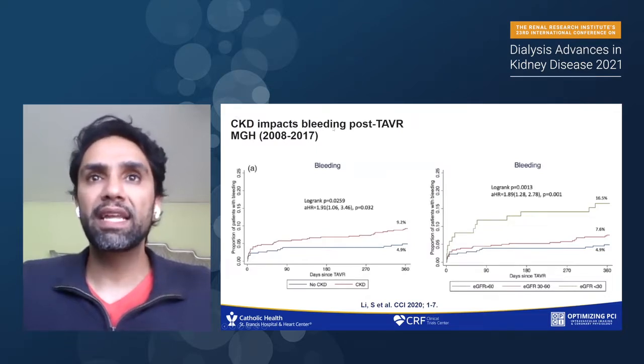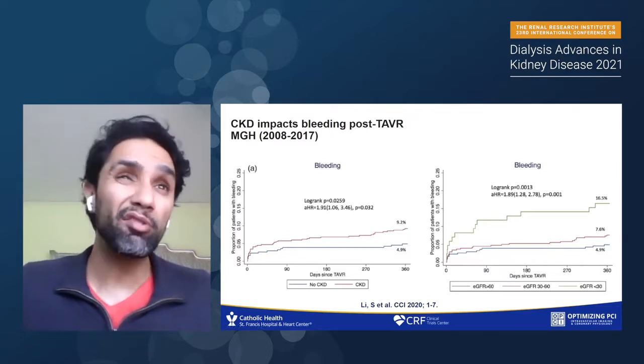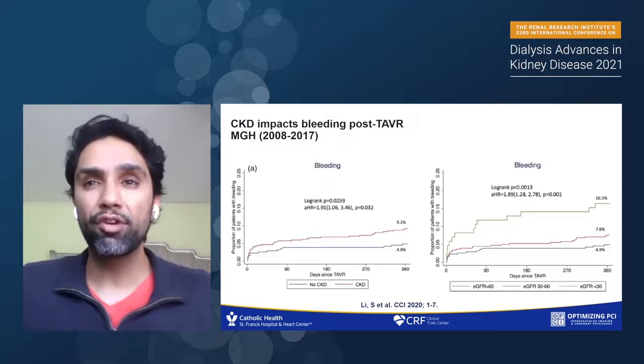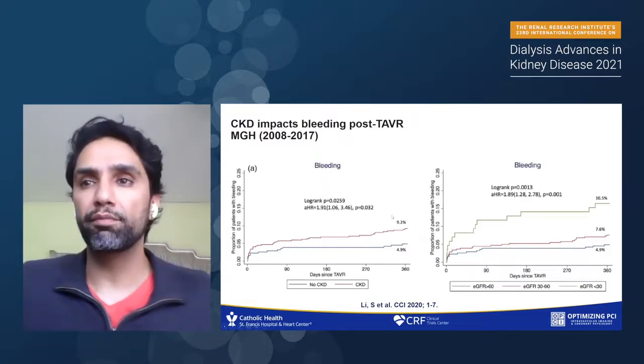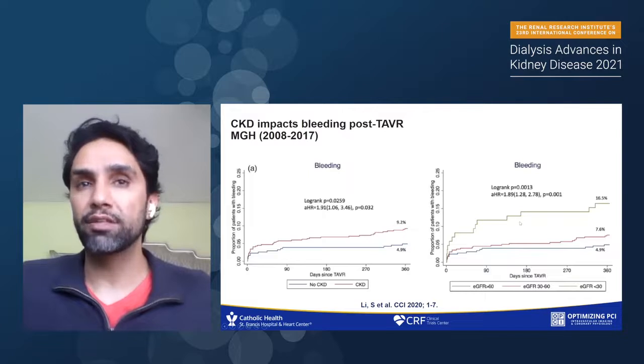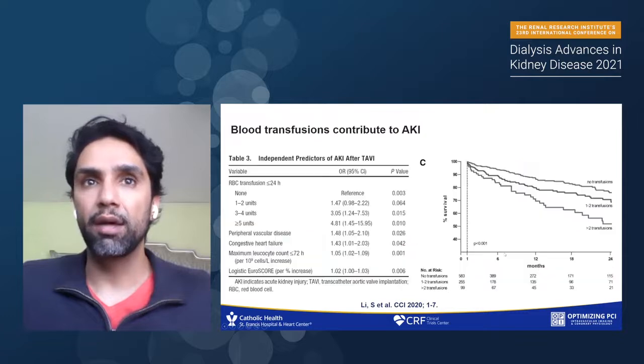In this CKD bleeding analysis, CKD patients are a very unique patient population in the fact that they have both an increased ischemic risk, an increased risk of valvular disease, but also have an increased risk of bleeding, probably due to a combination of platelet dysfunction and also due to vascular access complications. You can see that with an eGFR less than 30, the risk is significantly higher of a bleeding complication.